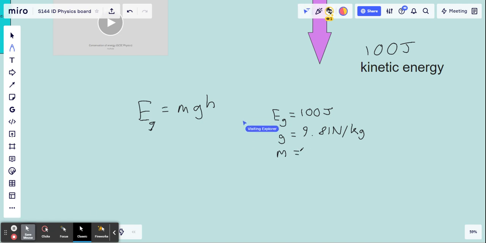In your question, the mass is 500 grams. We've got to convert that because we need it in kilograms, so look out for that. That's going to be 0.5 kilograms.